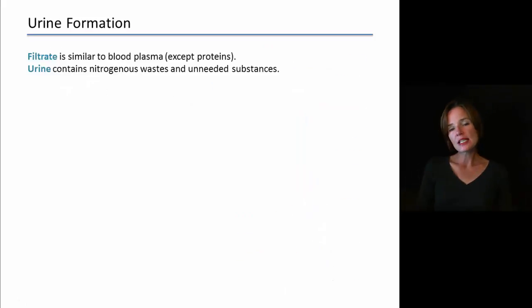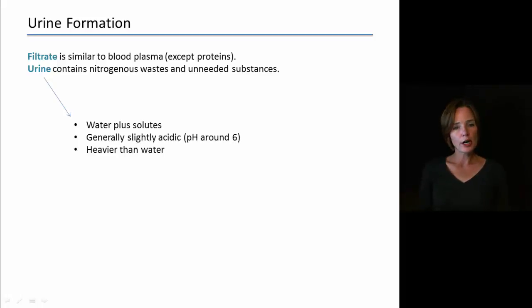When we say filtrate, and I know I've mentioned filtrate a number of times, this is really similar to the blood plasma. The big difference is that it won't have the proteins in it. So it's not going to have things like hemoglobin in there. Urine is going to contain the nitrogenous waste and also unneeded substances, which are things that we do want to ultimately eliminate from the body.